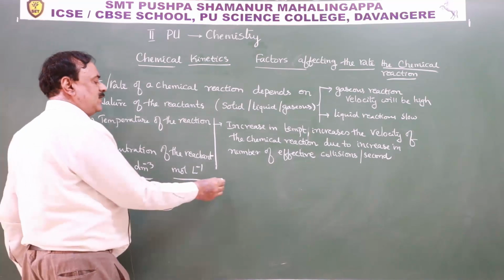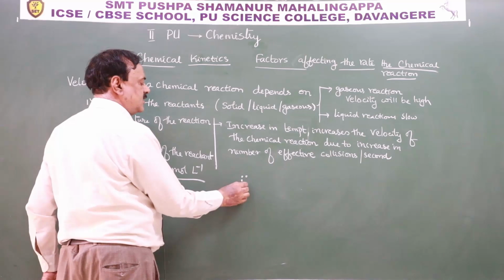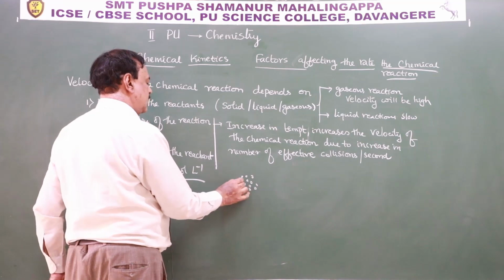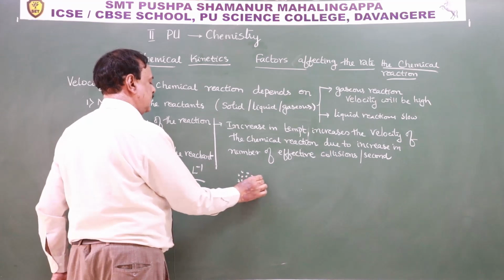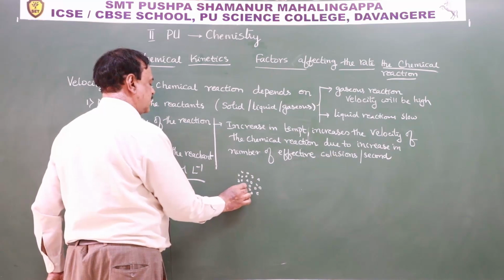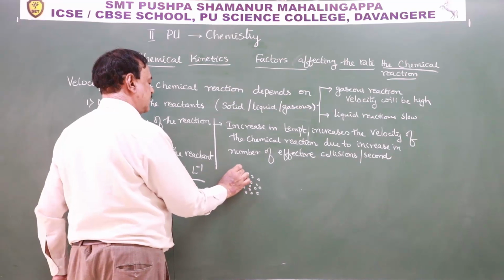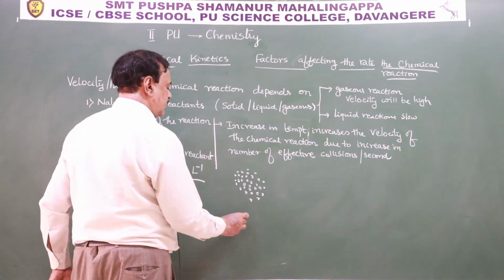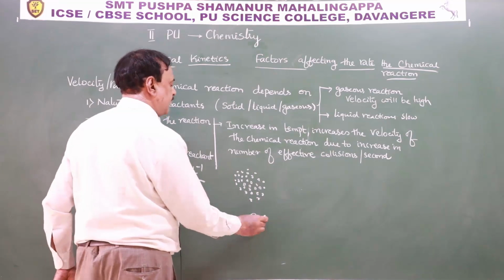Suppose this is the number of molecules, this is the higher concentration, called C1.